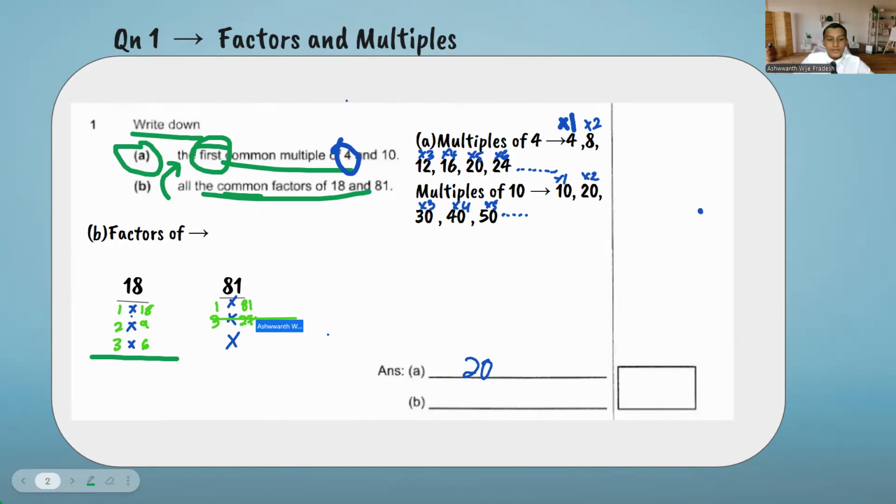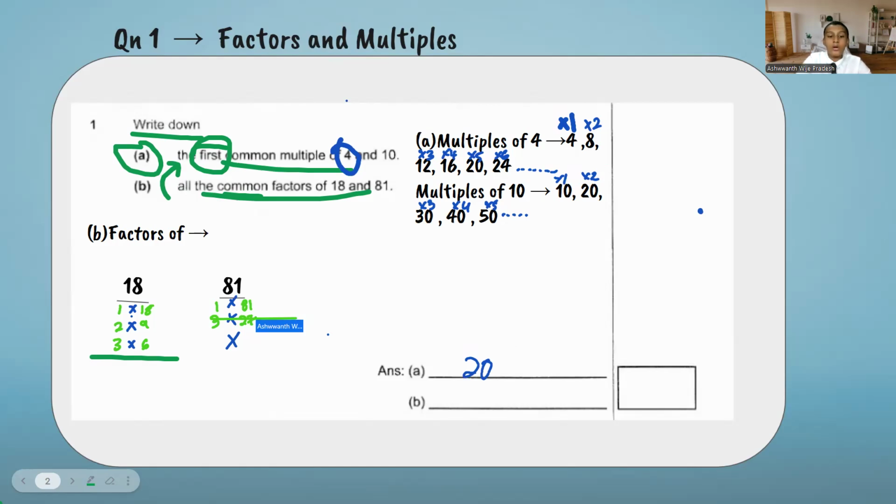Yeah, 3 times 27. Then what other factors are there? Can you tell me? After 3, there's no 4, there's no 5. Is there a 6? No, because 81 divided by 6, you will get 13.5, which we don't want.